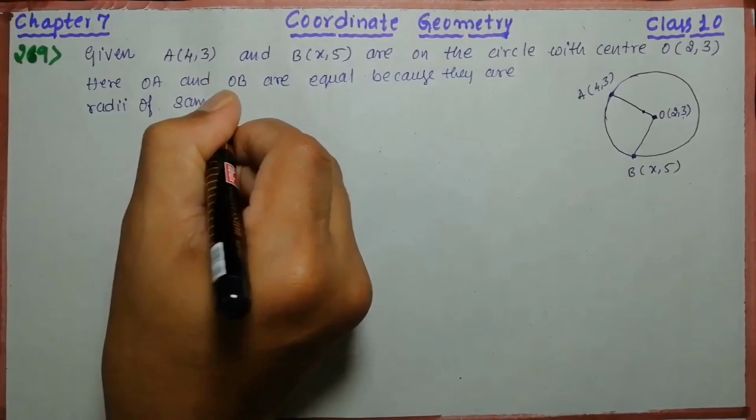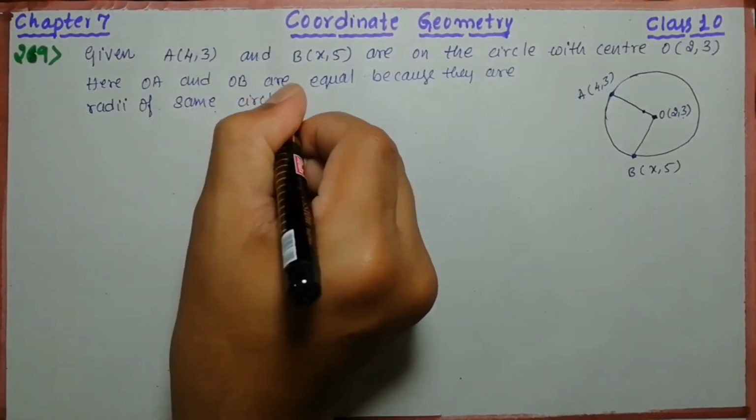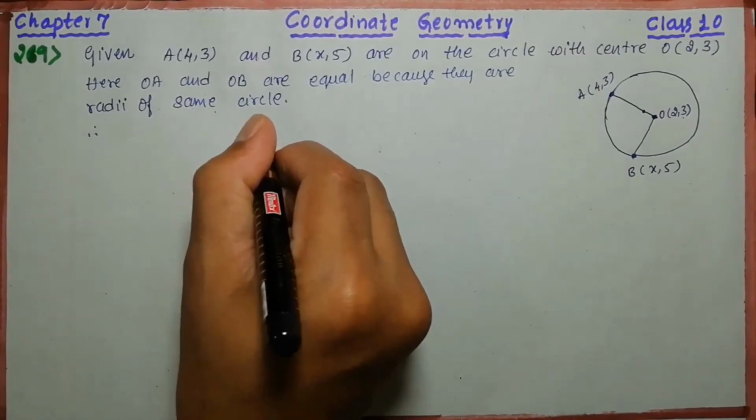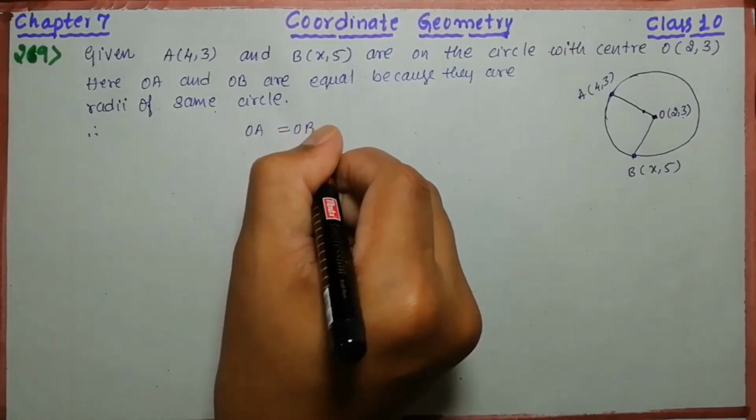It is very important, you must write "same circle". Therefore OA should be equal to OB.